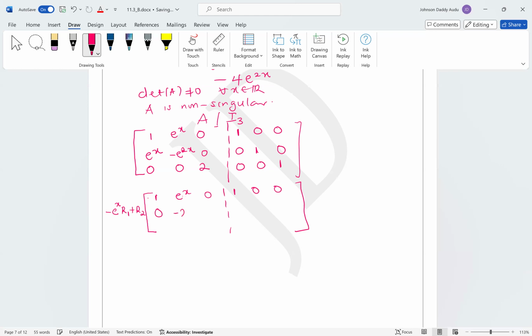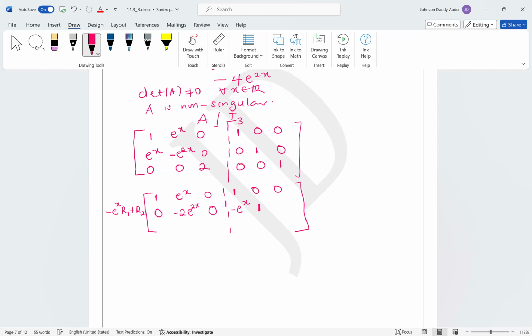So it's like minus 2e^(2x), right? Then here will still remain 0, whatever you do to it. If you multiply minus e^x and add it here, minus e^x times 0 plus this will still remain as 1.